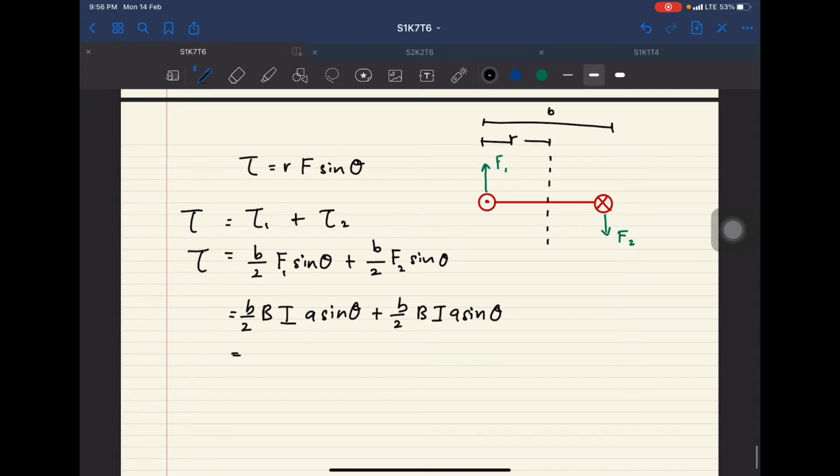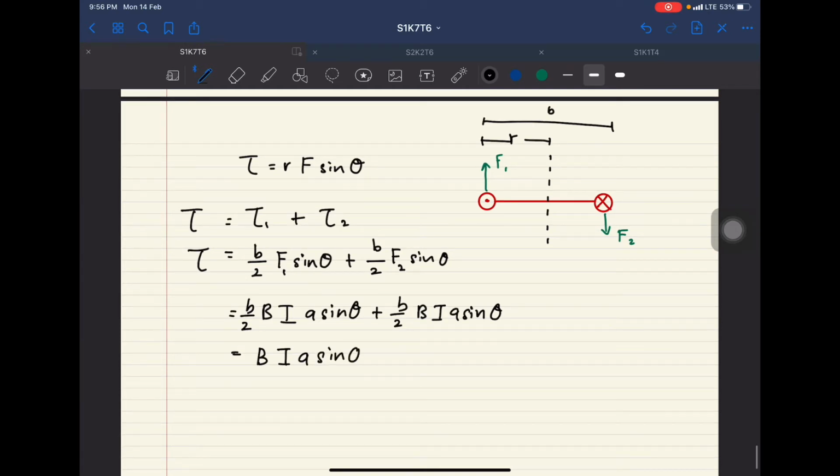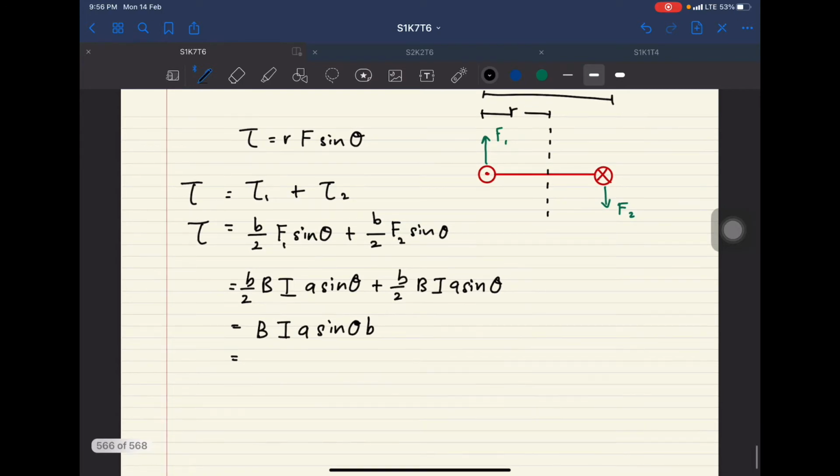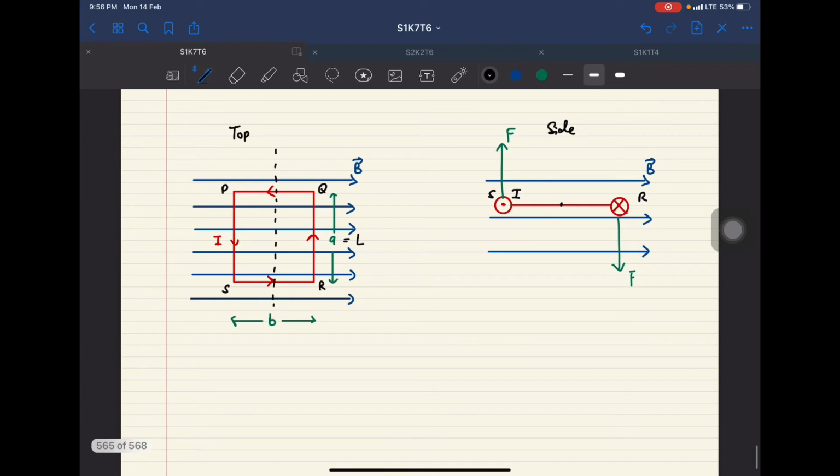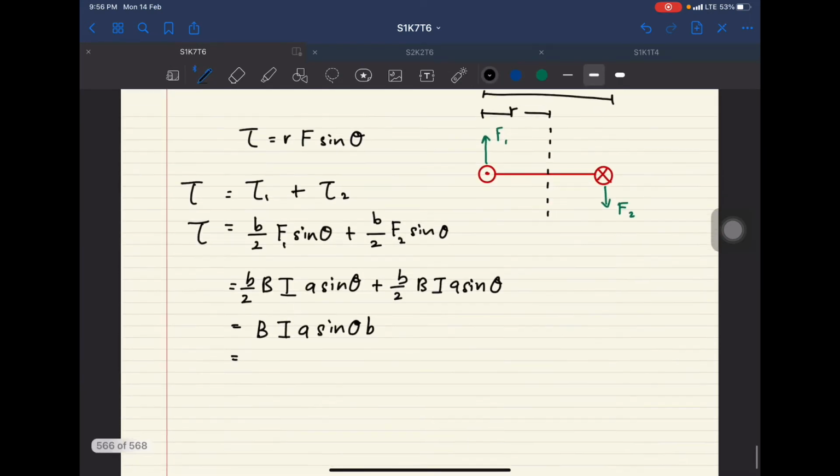Since the currents are the same on those two parts, everything is the same now, so I can factorize the BIA sine theta, and then B over 2 plus B over 2 is equal to B. Since A multiplied by B is equal to the area, I can simplify this further.